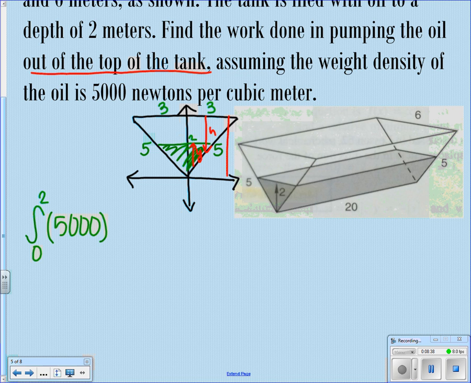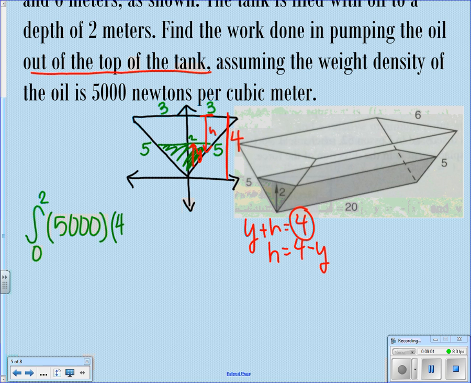And so this whole part here is 4. So your y plus your h actually equals 4, not 2, because you're starting from where the fluid is getting pumped to. So it's getting pumped to a height of 4, and so that's why you put a 4 here instead of just a 2. Okay, so your height is going to be 4 minus y.